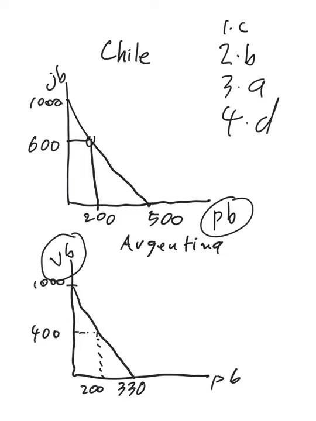And for Chile to buy jelly beans, it must be getting the jelly beans at a lower cost than it can get in its own country. So in its own country, if Chile wants to get jelly beans, it has to sacrifice half a unit of peanut butter. So in Chile, in autarky, the price of 1 unit of jelly beans is half a unit of peanut butter.